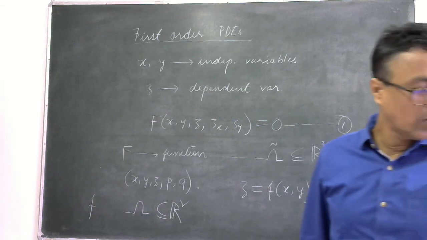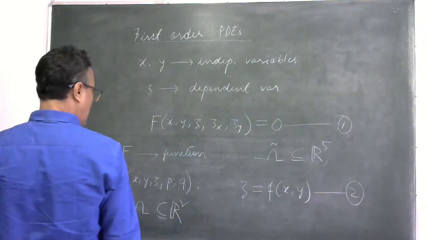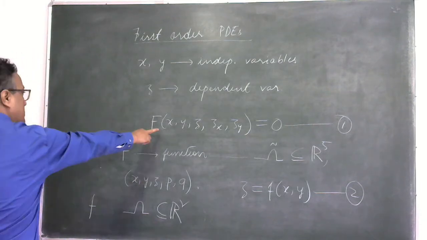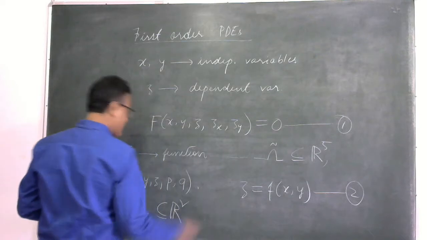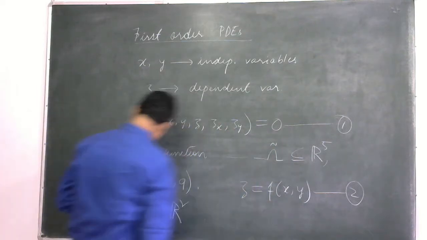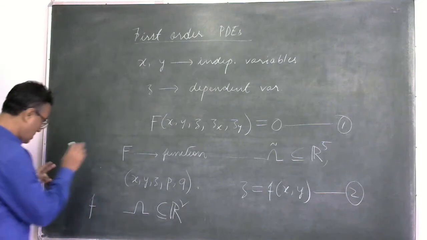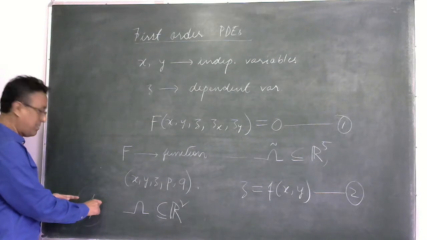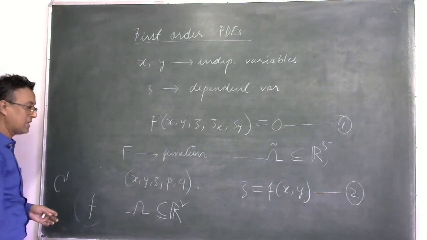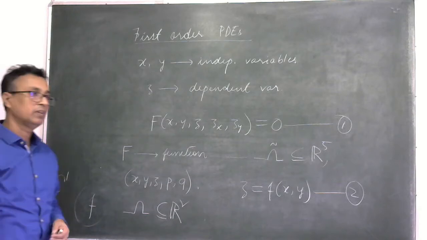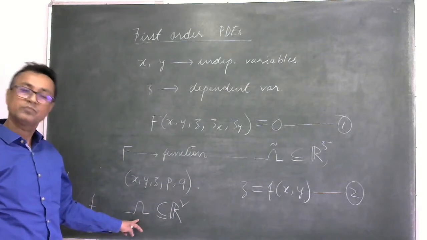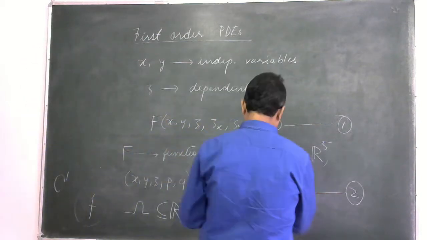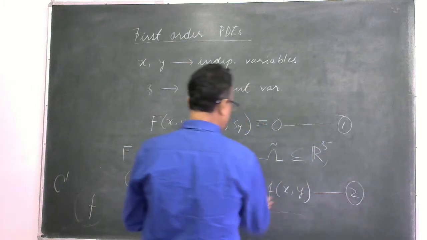Because I am considering the first order derivatives of z in this equation, when I define the solution in this form, I am also going to add another condition: f has to be C^1 in that domain omega. Is it okay? Fine.